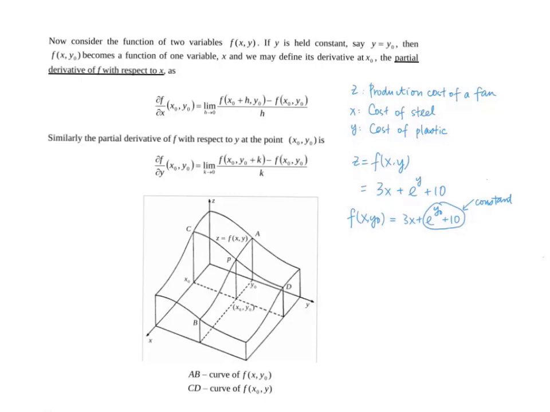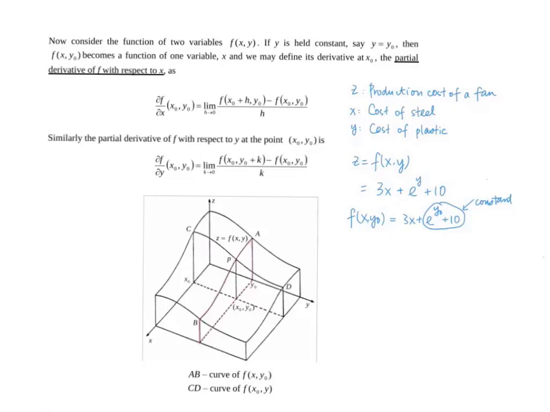As long as we treat y as a constant, let us treat this as y0. The function becomes a function with a variable x only. So the derivative is the same as taking the derivative of a one-variable function.